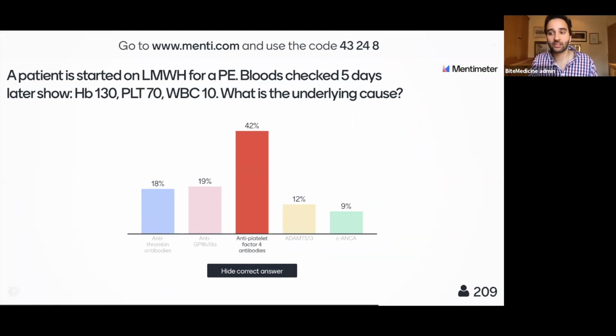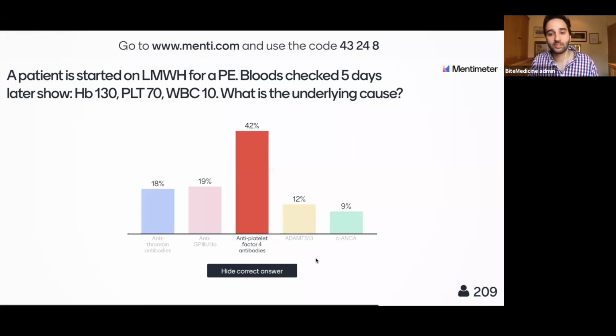Yeah? Okay, good. So let's start from the far left. Antithrombin antibodies are associated with lupus anticoagulant in patients with SLE. Simple as that. Anti-GP2B and 3A is associated with idiopathic thrombocytopenic purpura, so ITP.